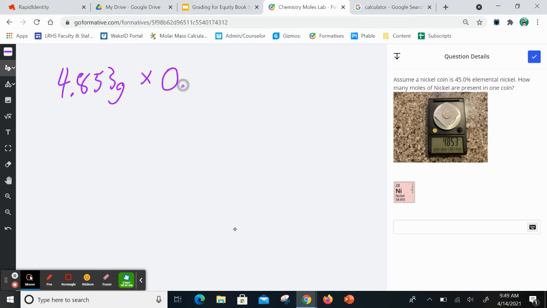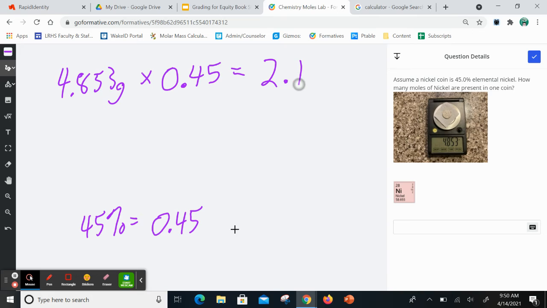So we were learning yesterday that 45% is 0.45 as a decimal. So we're going to multiply 4.853 times 0.45, and that's going to tell us how many grams, 2.18. So of that nickel, 2.18 grams, or almost half of it, is actually elemental nickel.